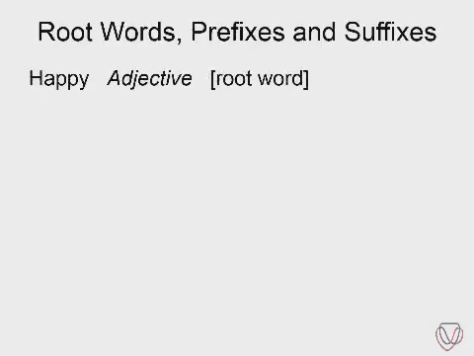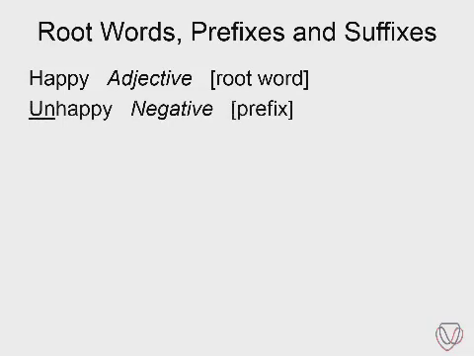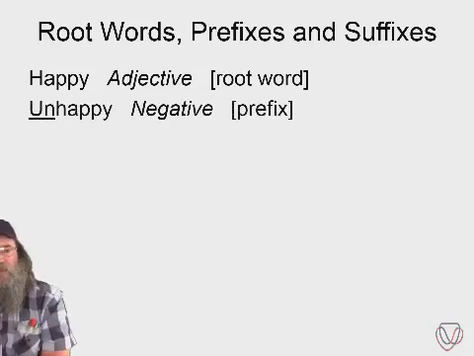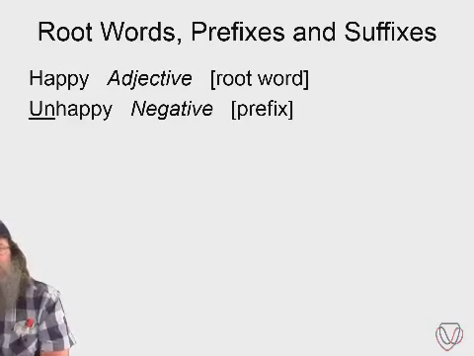All right. Here, a brief note on root words, prefixes, and suffixes. They have given you an example of happy, which is an adjective. That is our root word in this case. Now look at the modification I have made to that. Unhappy changes it into the negative with the addition of a prefix.